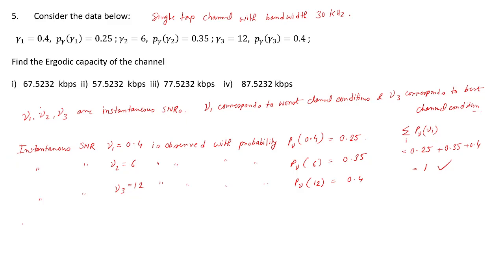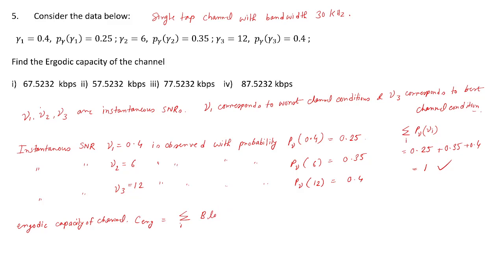Let us write down ergodic capacity of channel. C ergodic is given as summation over all instantaneous rates.